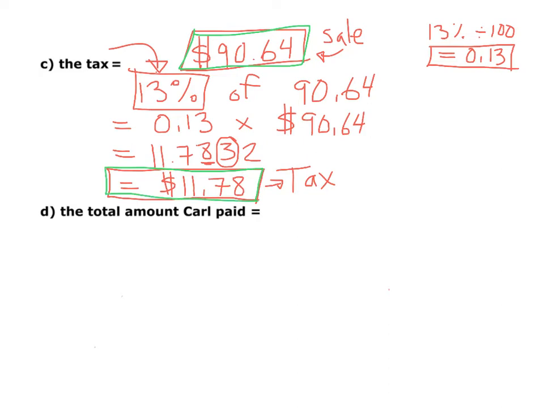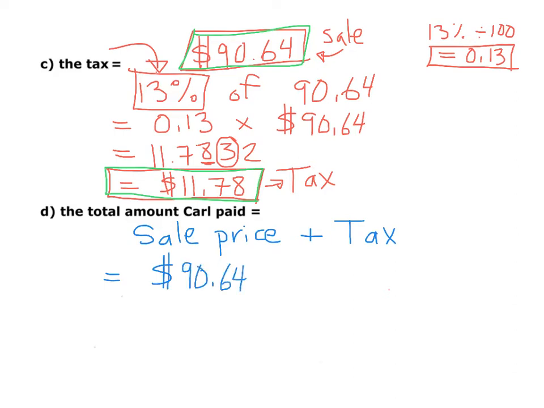Now, how do you calculate the total amount? The total amount is always the sale price, and you have to always add what you pay in tax. So that's how you find the total amount. And so the sale price we know is $90.64.